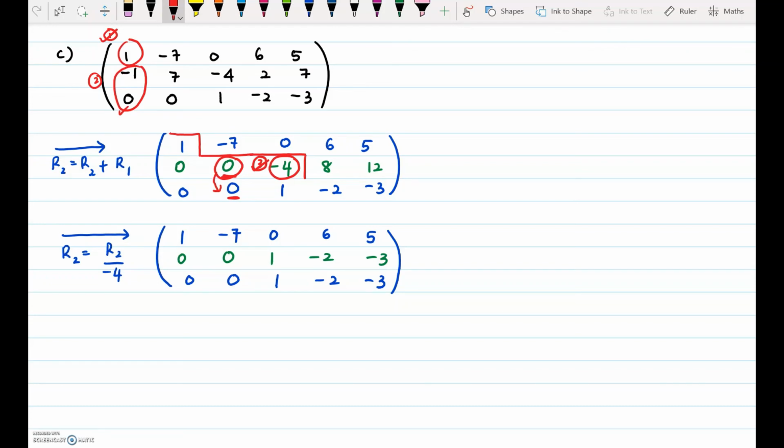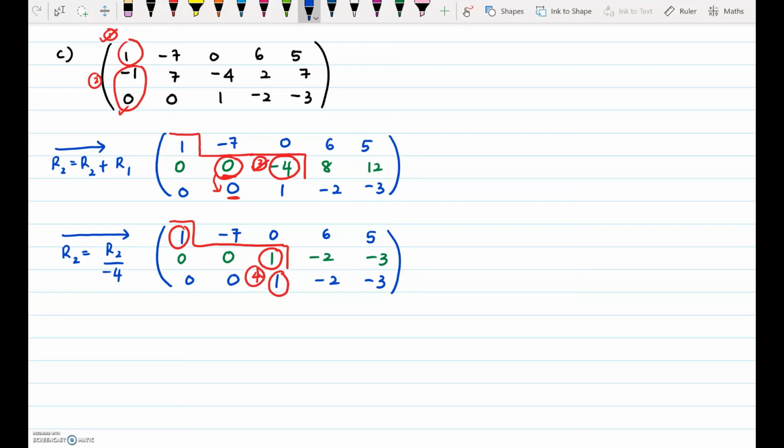Now let's continue. Let's check your ladder. This is your ladder, this is your leading one, this is your leading one. Make sure the next step is that below your leading one must be 0. So this one will be your step number 4.